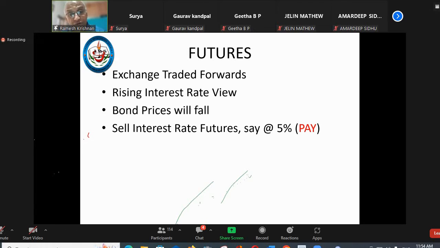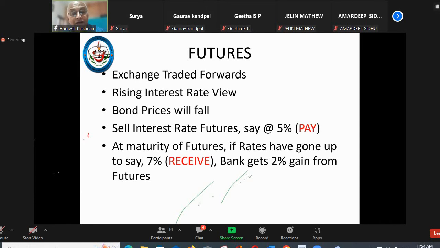So with interest rate futures, you sell at 5%. And then if interest rates have gone up to 7%, then what happens? 7 minus 5, 2% is your gain from futures.